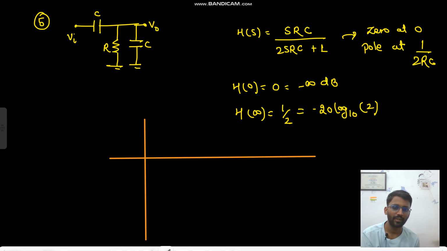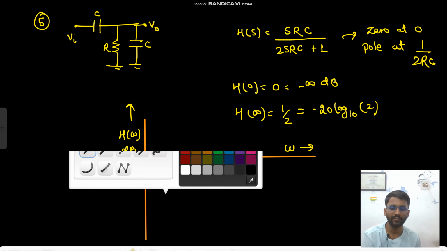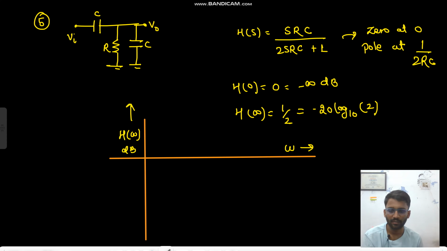again we will start from negative. H of omega in dB, and this is omega, right? It is starting from minus infinity, and at some point 1 by 2 RC we will have a pole.